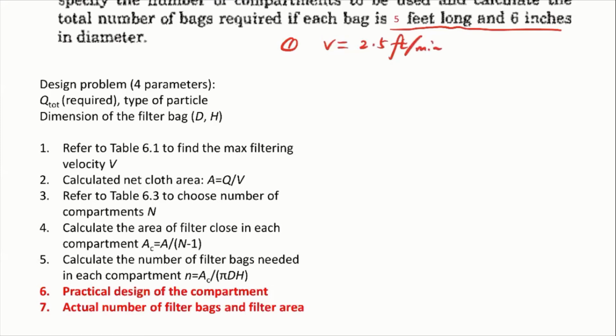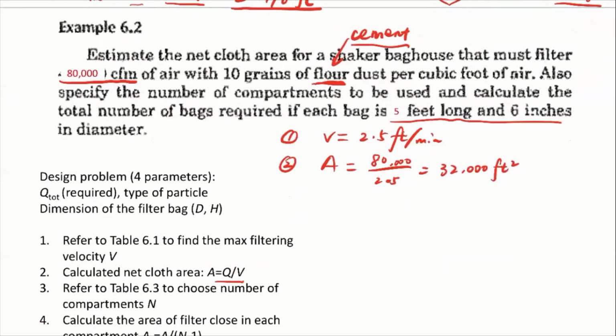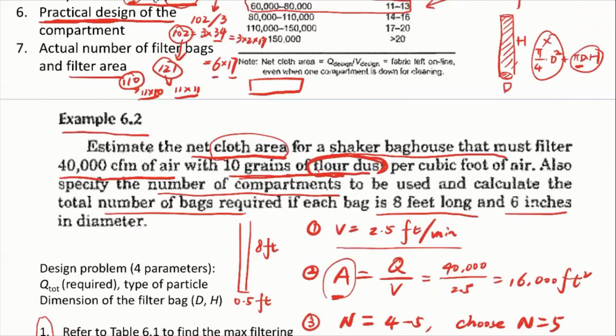Now we're having a new flow rate, so we have to calculate the area of the cloth that's required to remove the particles, right? So that's going to be 80,000 divided by 2.5, and we can have basically 32,000 square foot, right? And then we'll refer to table 6.3 in here.